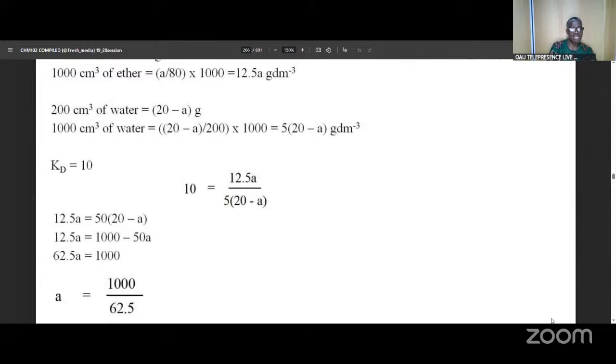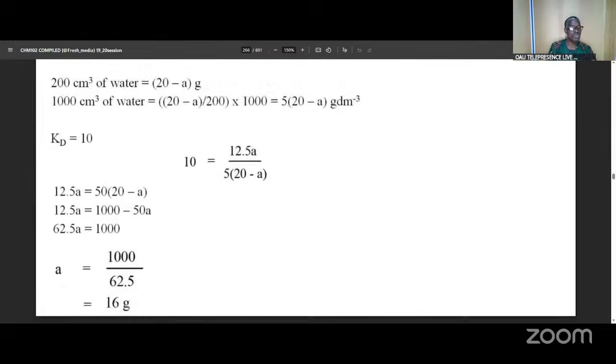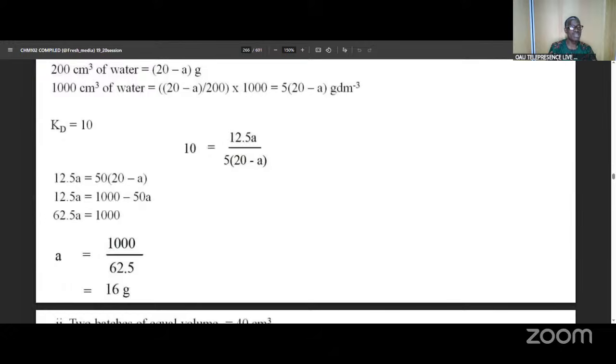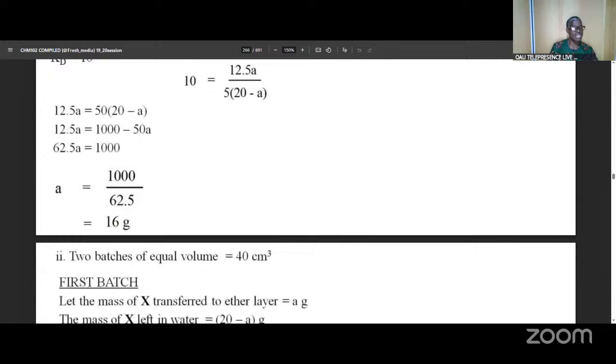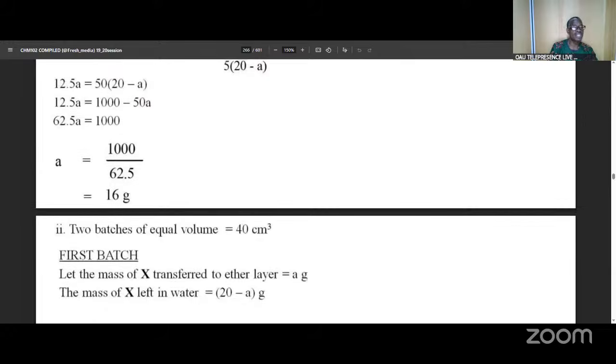So we have 10 is equal to 12.5A over 5 into 20 minus A. If you do your cross multiplication there, you have 12.5A is equal to 50 into 20 minus A. And with simple arithmetic, our A here is 16 grams.